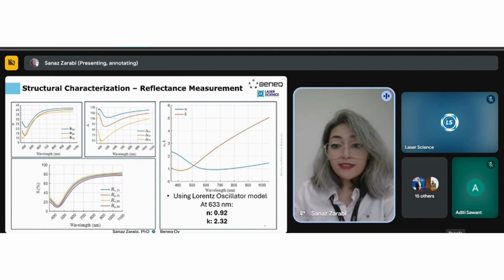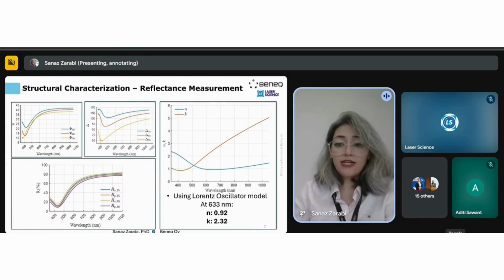That's why, first, we perform reflectance measurement using an Agilent spectrophotometer. This step was crucial not only for improving the mathematical fit of our model, but also for ensuring that the model accurately reflects the true physical properties of titanium nitride, rather than just an optimized numerical approximation.